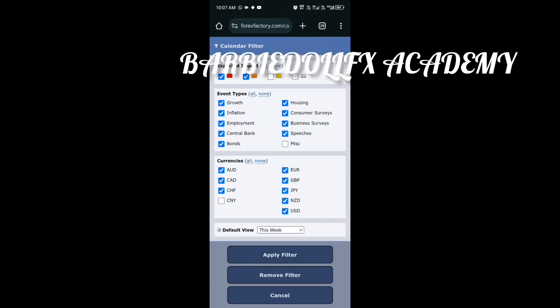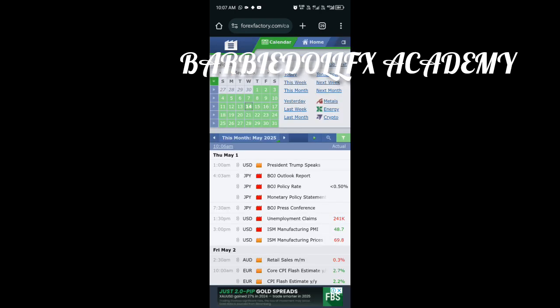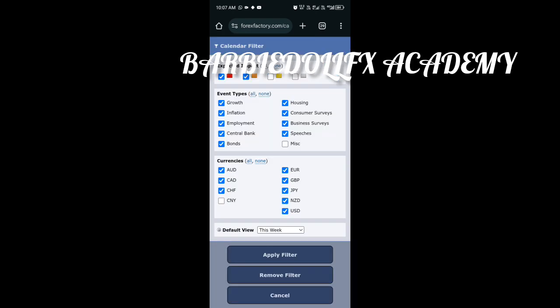Where did I remove the different colors? Once you tap, let me cancel. You see this last part that is showing something like an umbrella. You tap it, you will see expected impact. The ones that are strong are the red and the orange.